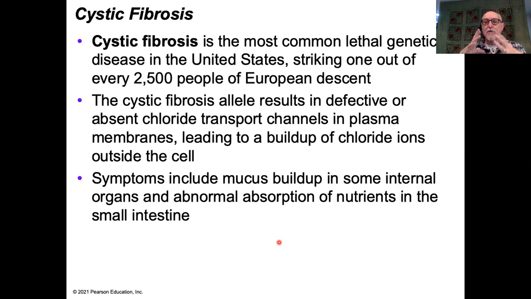The chloride ion transport channels, which lie in the cell membrane, are defective, and it leads to a buildup of salts outside of the cell. And this can have profound effects on the functioning of cells and on the functioning of the whole organism.